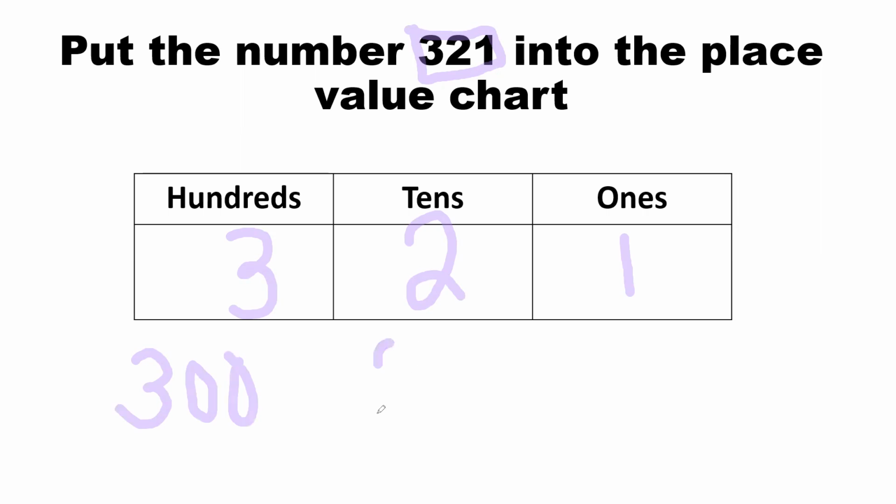So there are 2 tens. And how many zeros are on a 10? Well, if I write the number 10 really quick, there's only 1 zero. So 2 tens only gets 1 zero. And then 1 ones. And now we have written the number in expanded form. So it has 3 hundreds, 2 tens, and 1 one.